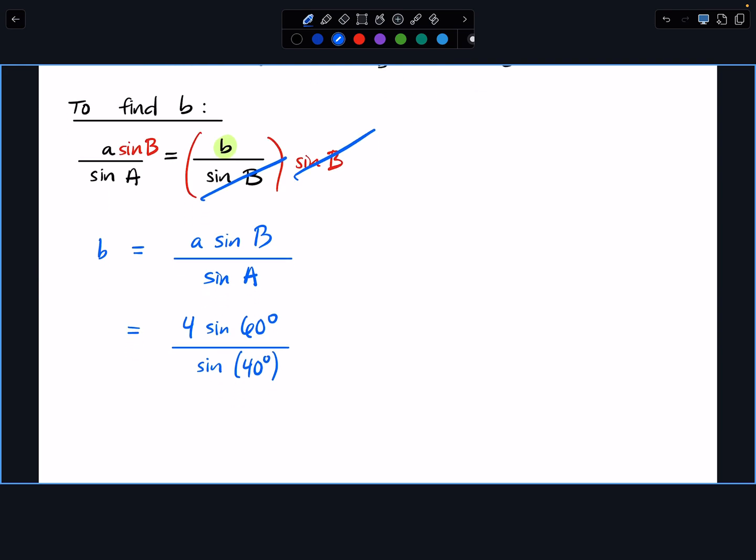And when you do these, just to get you ready for your homework and your tests, can you round to 2 places? What do we get? You should get 5.39.